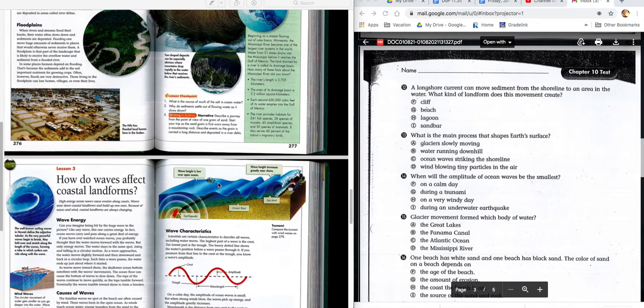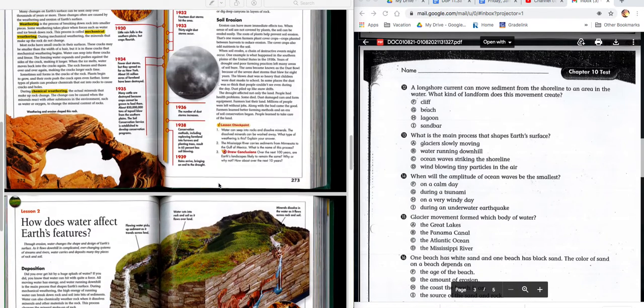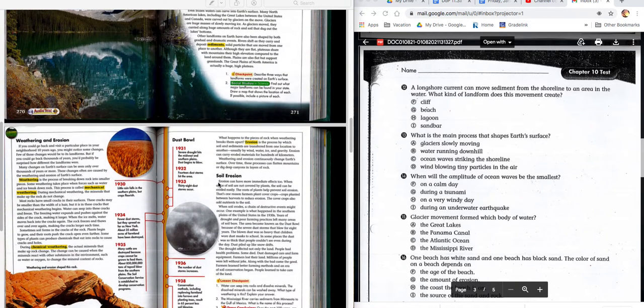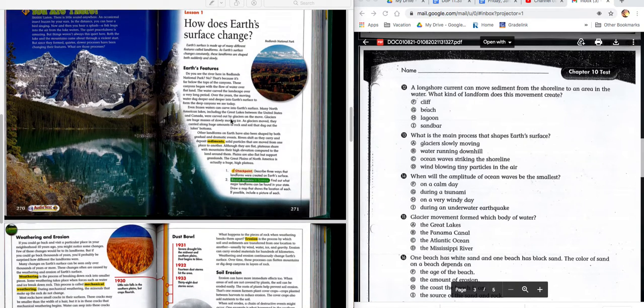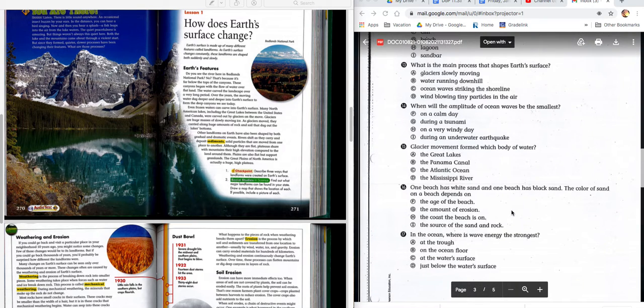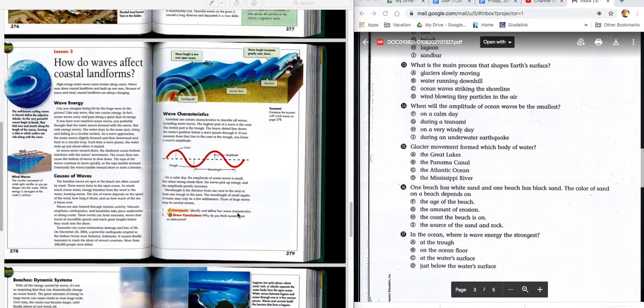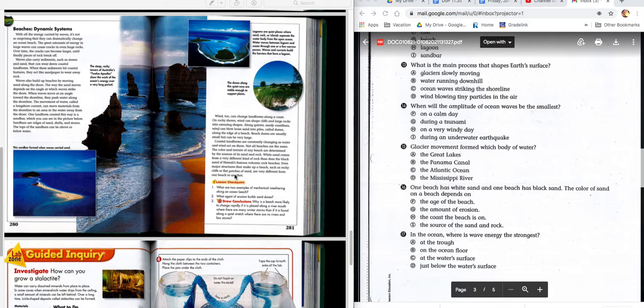Glacier movements formed which bodies of water? Make sure I give you the right one here. Yep, 271. Number 16, one beach has white sand and one beach has black sand. The color of sand depends on what? That's the last one, page 281.